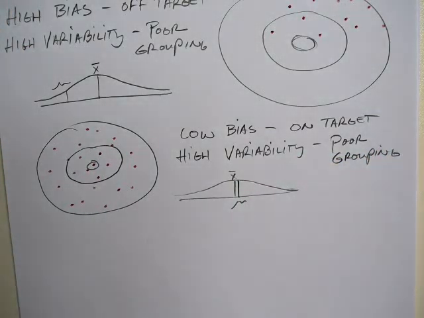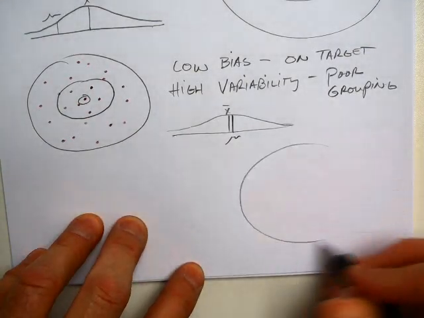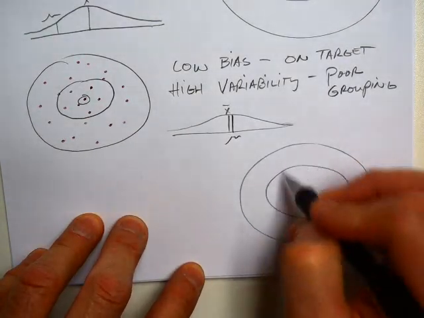But I've got this variability issue where maybe it's normal, but it's really low. So how do I fix that? Here's how you fix that. The next example. The last example.